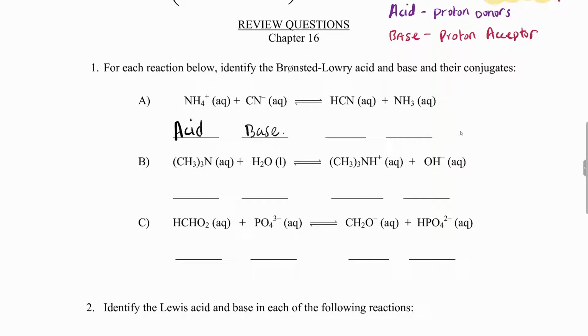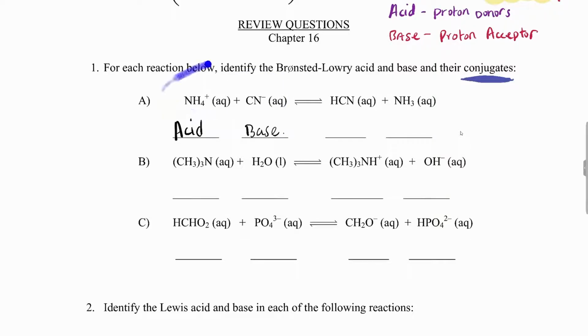Now, the interesting thing is that since we're in Chem 102, we can go in both the forward direction and the reverse direction. This question is asking us about conjugates. Conjugates are introduced when reactions can go in both directions. So let's take a look at this reaction going this way.